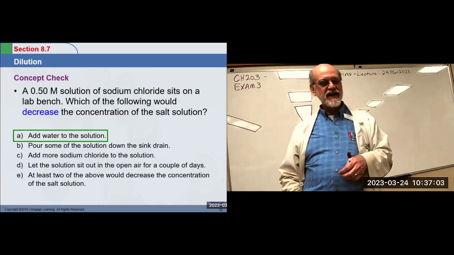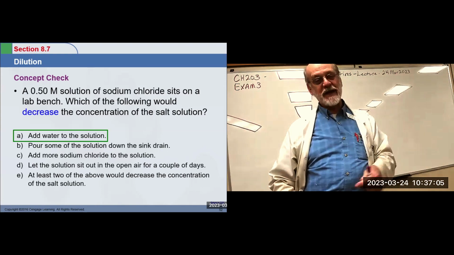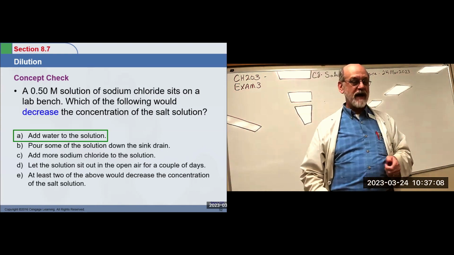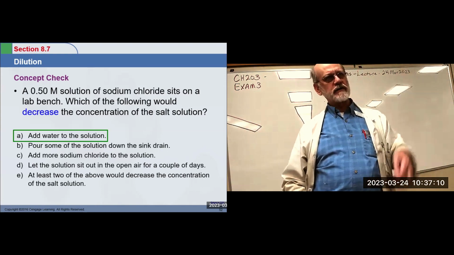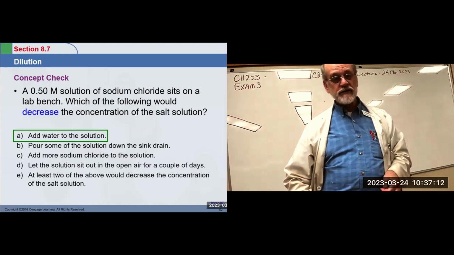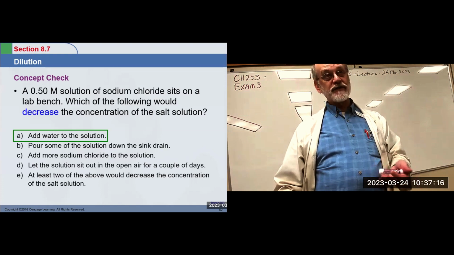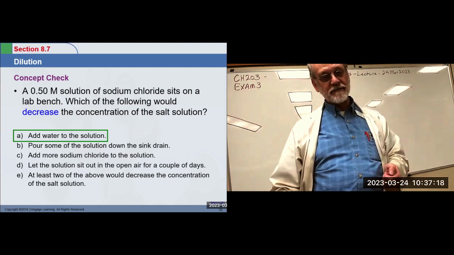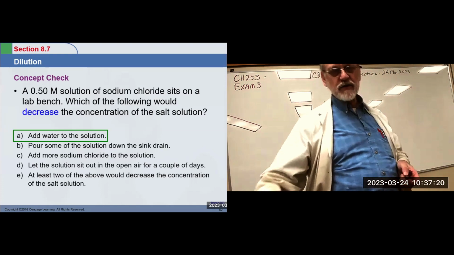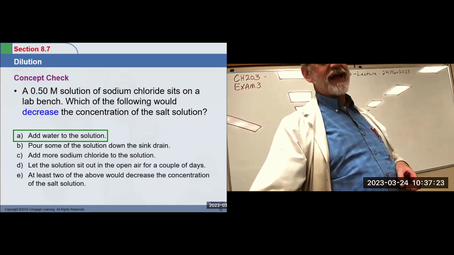No, because you're pouring the solute and solvent out at the same time. Add more sodium chloride. That would increase the concentration. Let the solution sit out on the open air for a couple of days. That would evaporate the solvent and increase the concentration. So just A works.